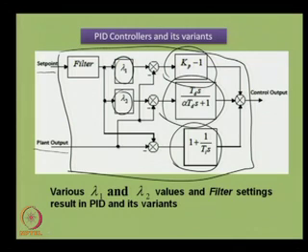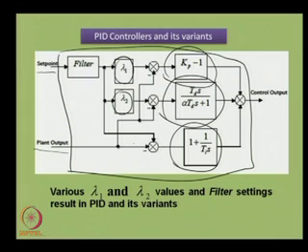Depending on various values of lambda 1 and lambda 2, we get the variants of the PID controller. Variants means, if I set lambda 1, lambda 2 equal to 1, I get the PID parallel form controller. When lambda 1, lambda 2 becomes 0, I get only the PI controller. Similarly, various combinations of lambda 1 and lambda 2 will give us variants of the PID controller.